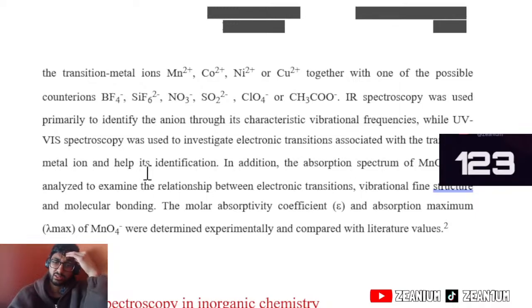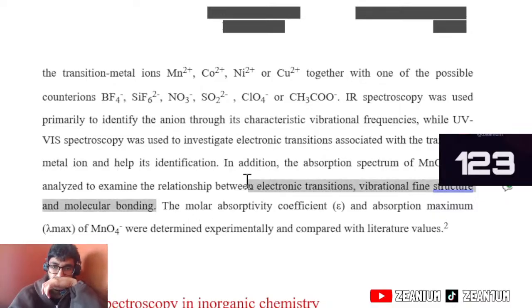In addition, the absorption spectrum of the permanganate ion was analyzed to examine the relationship between electronic transitions. I did already say that, right?